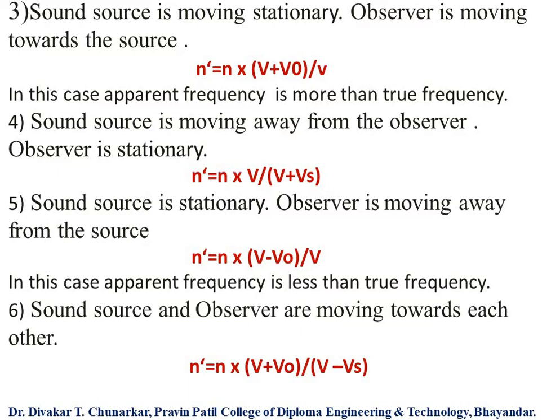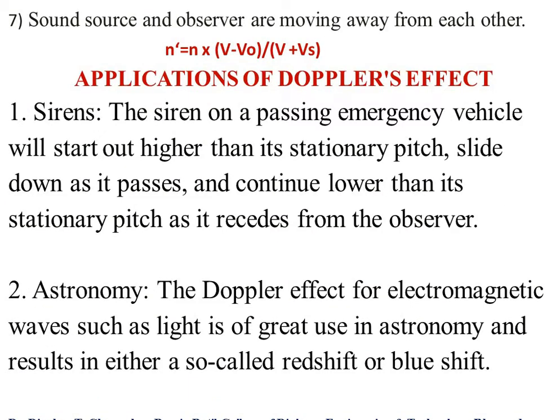Number 6, sound source and observer are moving towards each other. So n dash equals n into (v plus v0) upon (v minus vs). Next, sound source and observer are moving away from each other.